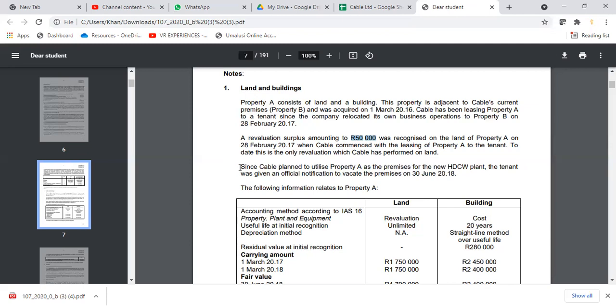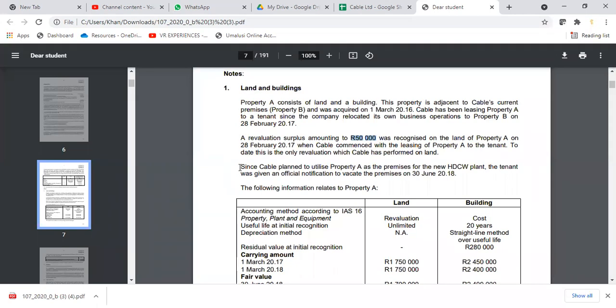So as at 30th June 2018, we're going from investment property back to PPE. Before we transfer from investment property to PPE, we need to account for the property in terms of IAS 40 investment property up until 30th June 2018.